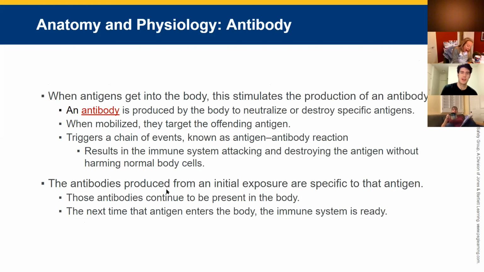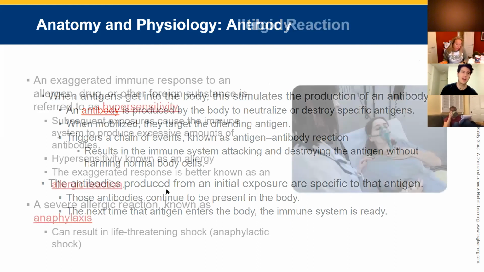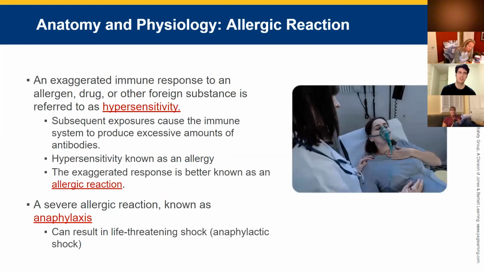What happens with allergies is you have a reaction to something that you really shouldn't. So it's a hypersensitivity. Where the body should be responding to something like a virus or bacteria with a low-level response, for some reason the body goes haywire and responds to something as benign as a peanut as if it's going to kill you, and then it mobilizes this huge immune response.